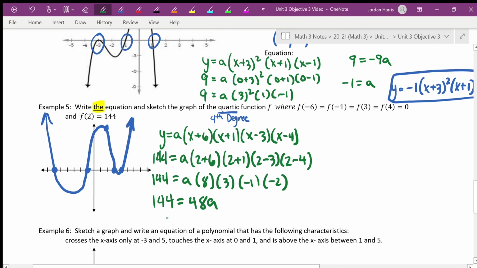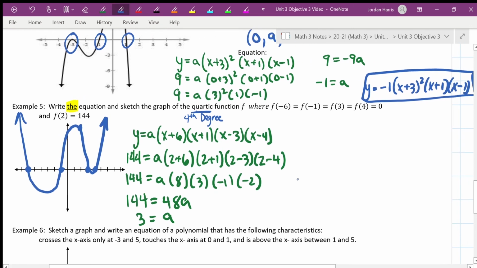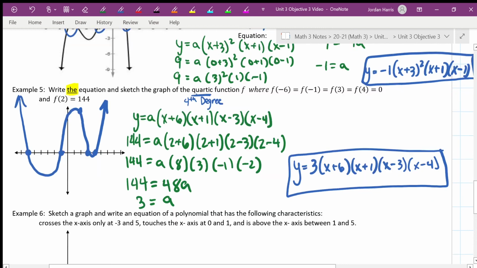And I get 3. 144 divided by 48, if you didn't know, is 3. a equals 3. So I can also write my equation. y equals 3(x plus 6)(x plus 1)(x minus 3)(x minus 4). Done.